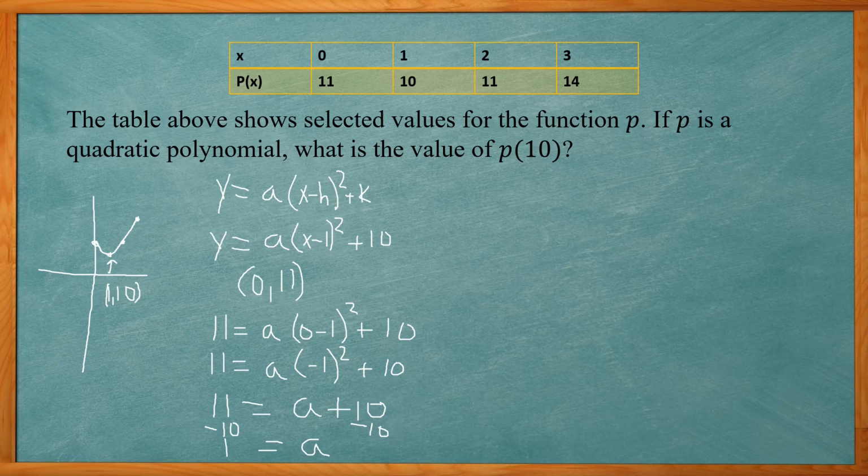So now we know the full equation for the parabola. We know y equals, we know a is 1, so just x minus 1 squared plus 10. Now we want to know P of 10, so we just plug in 10 for x. So 10 minus 1 squared plus 10.